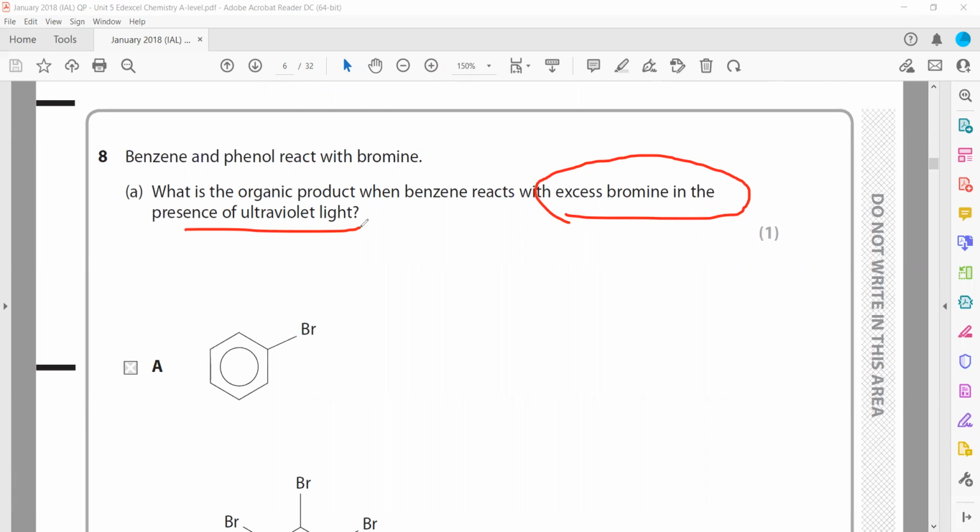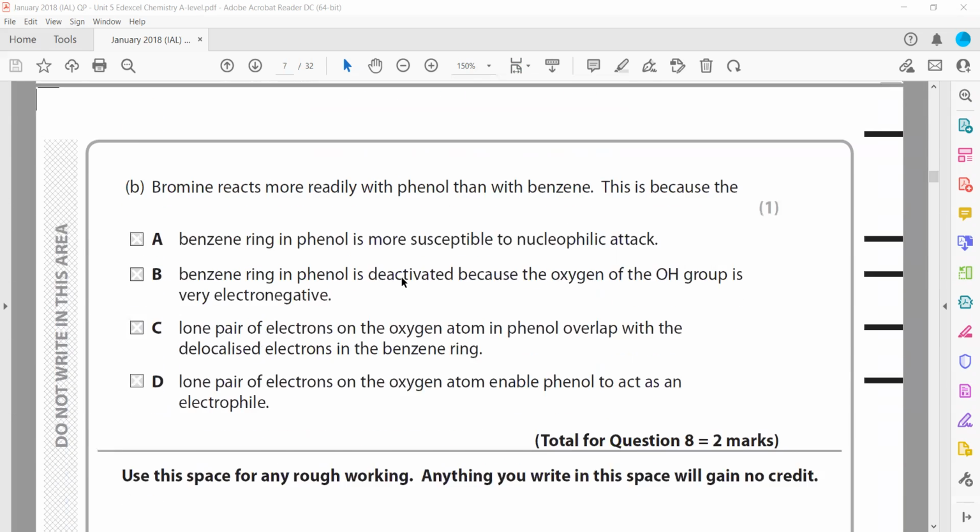In the presence of ultraviolet light, it will convert into a cyclic halogenoalkane. If it was a phenol and we add bromine, then it will be 2, 4, 6. But here they're directly asking about benzene.